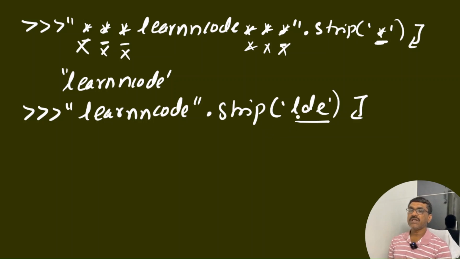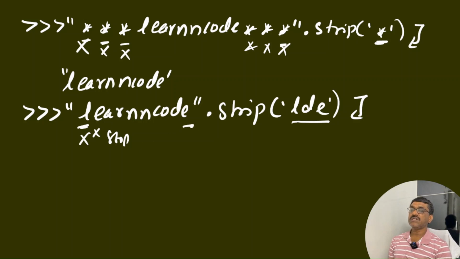Let us take the first character L. L is matched here. Then L is removed. Next, you take the second character E. Is E available in this mentioned strip method? Yes. E is also removed. Next, the third character is A. It is not there in LDE. So whenever there is no match, it stops searching from the leading characters.